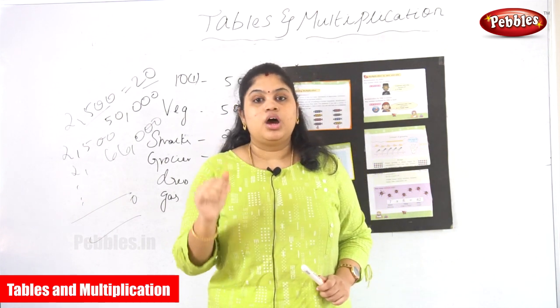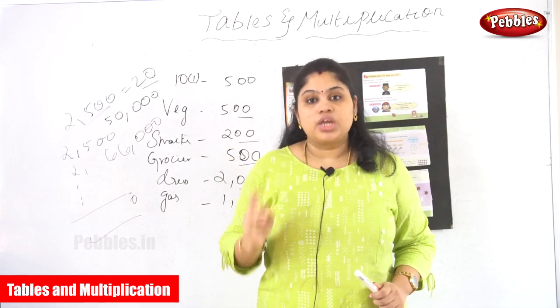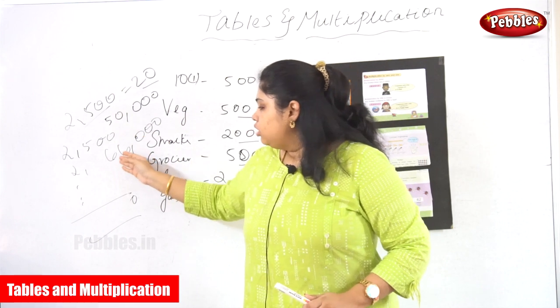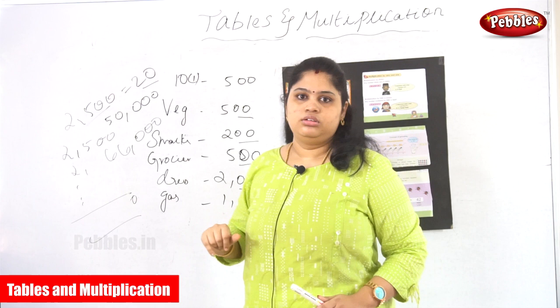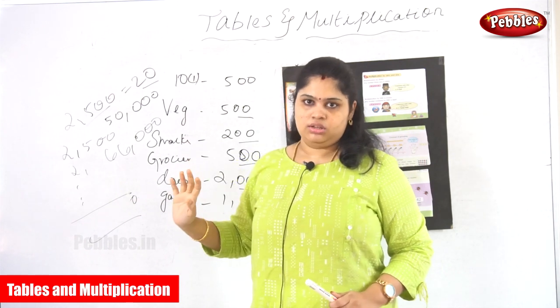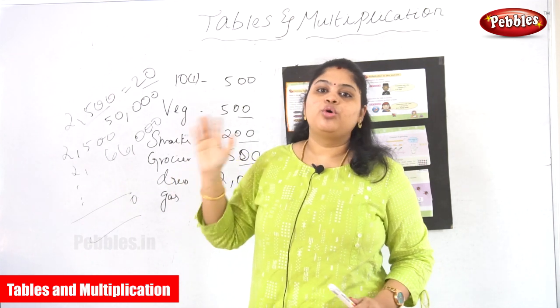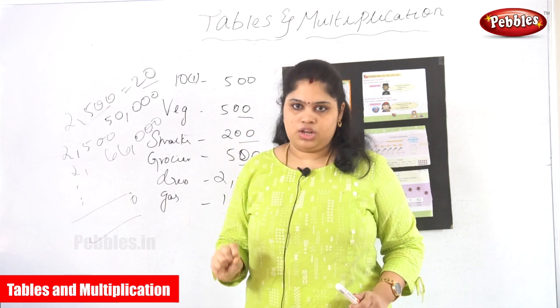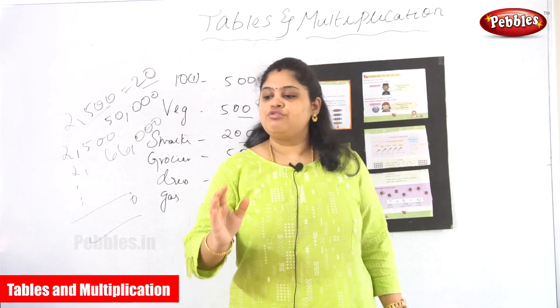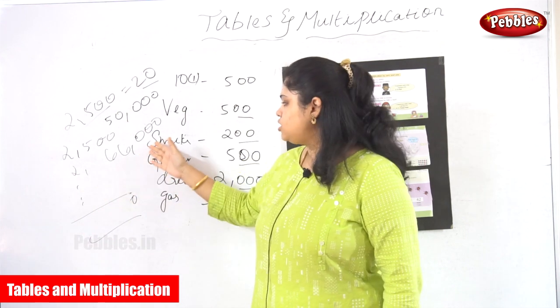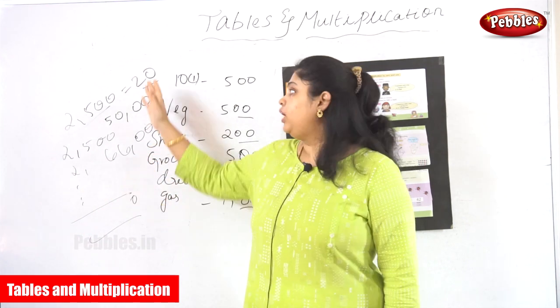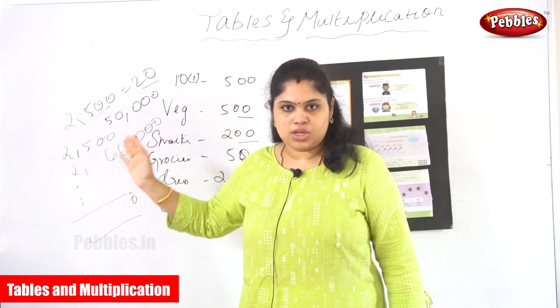With the proper amount of 2,500 for one product, for 20 products, how are you going to make the calculation? The shopkeeper is saying 66,000 for 20 products.